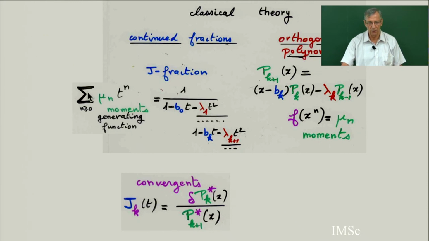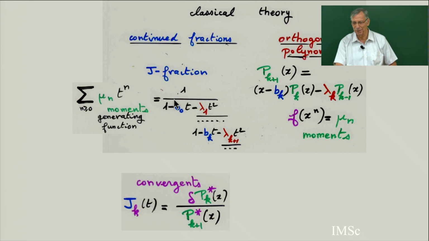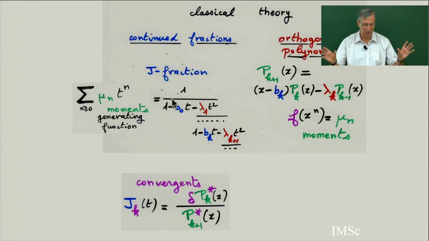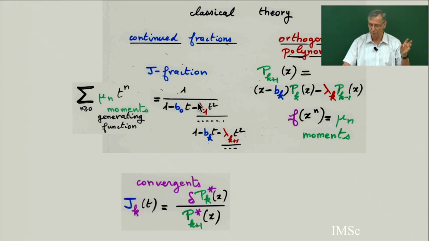The second relation is that the generating function of the moments is exactly expanded into this continued fraction. So there are two different theories which are really almost the same. They are related, and you can go from one to another. Orthogonal polynomials with the bk, lambda k, of the Favard theorem with the moments are related to the continued fraction. The bk, lambda k define the J-fraction, moment, coefficient, and the convergence.